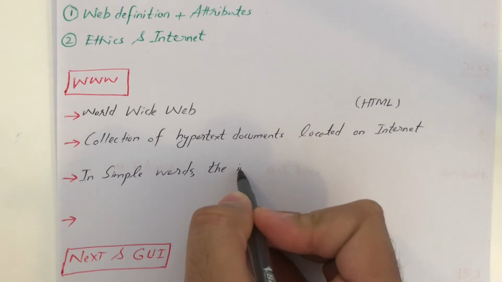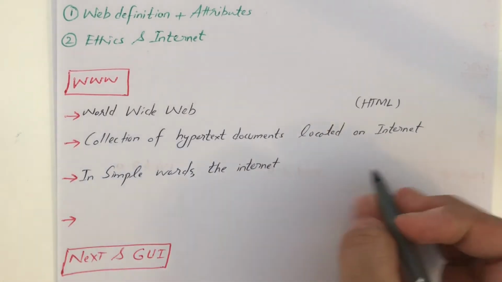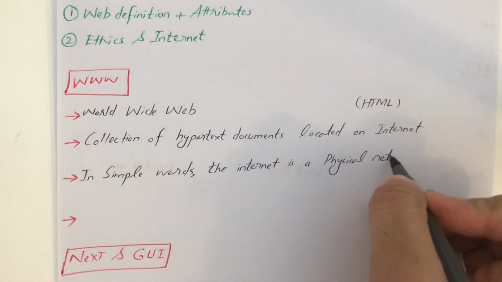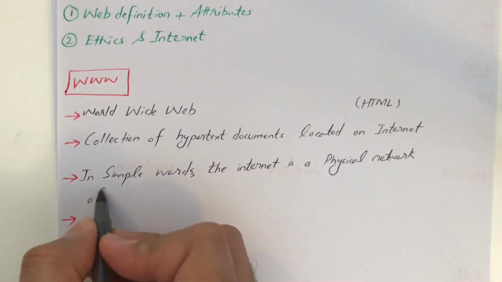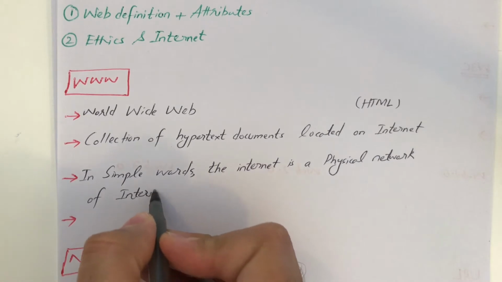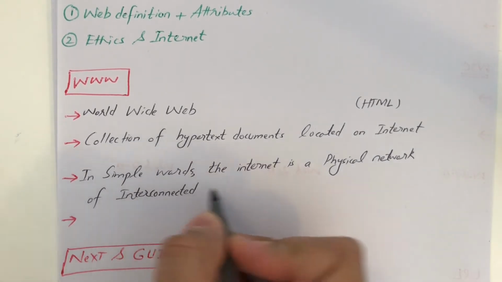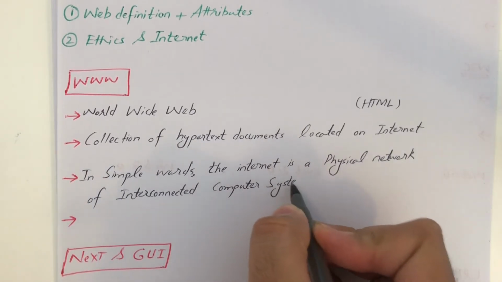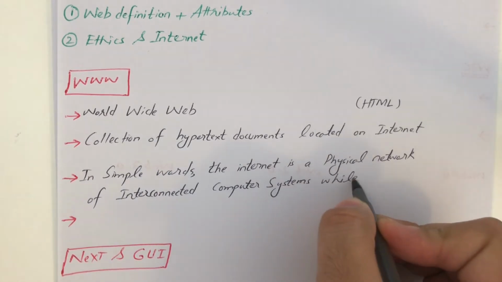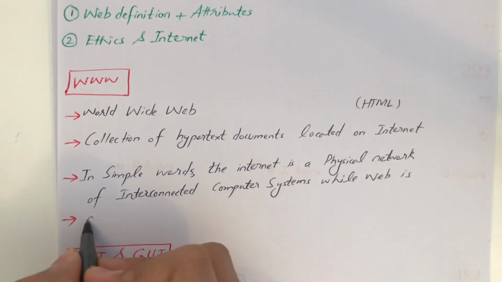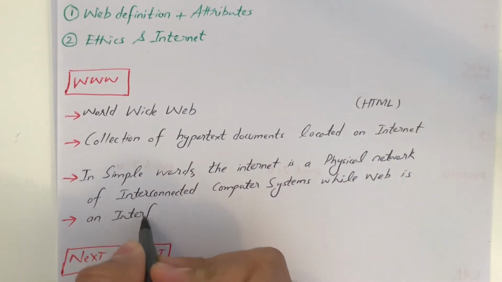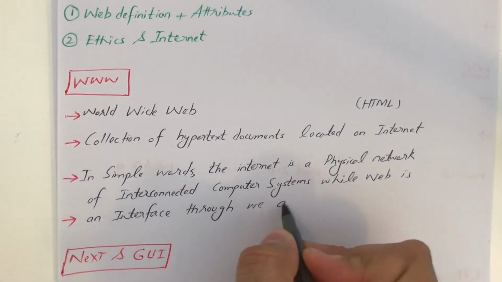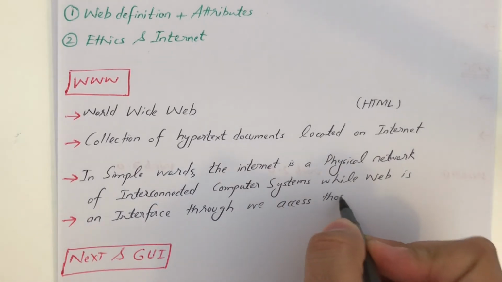the internet is a physical network of interconnected computer systems, while web is an interface through which we access those resources.